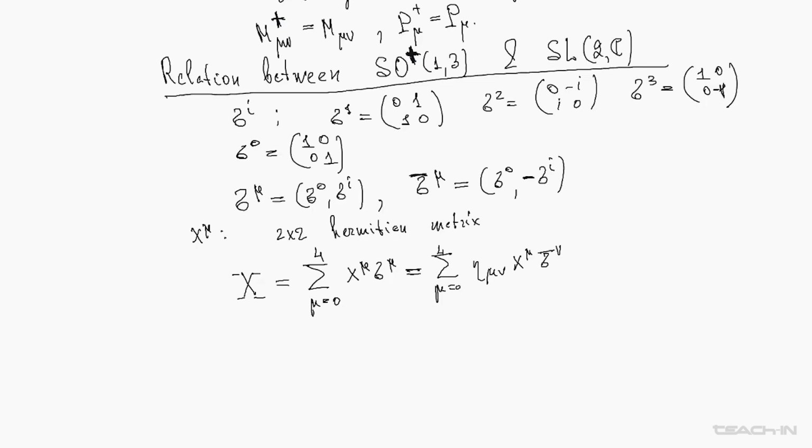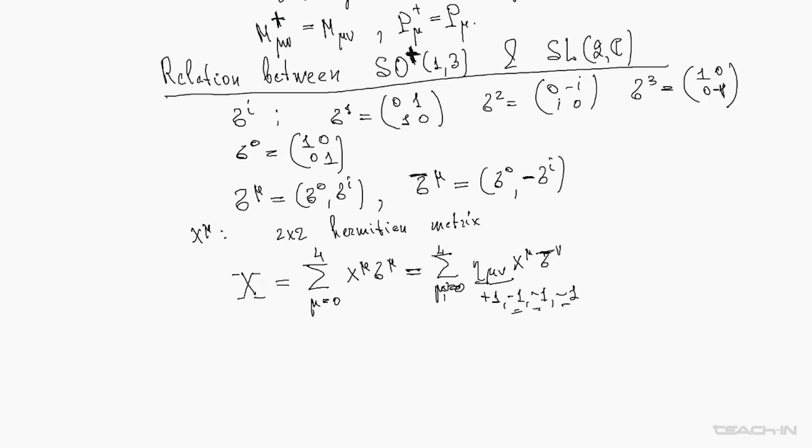But since the Minkowski metric eta mu nu is diagonal, the result of this summation will be diagonal, and the components of the metric are plus 1, minus 1, minus 1, minus 1. These minuses will be compensated by the minuses in the definition of sigma bar, and you will get the same result.